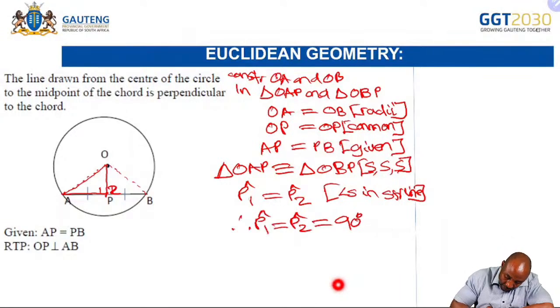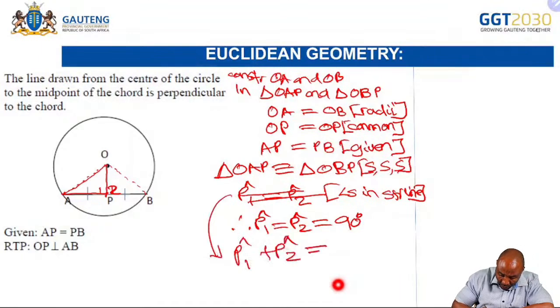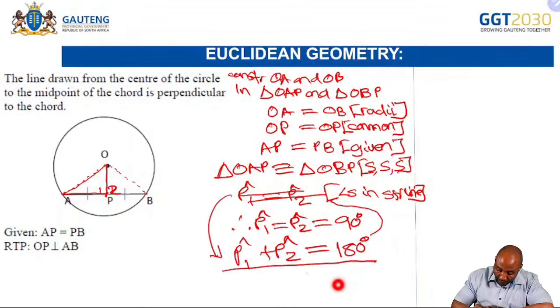So rather, let me remove this one. First, I will have the statement here, P1 plus P2 should give me 180 degrees, because these are my angles in a straight line, and therefore, if they add up to 180, it will follow that this should be equal to that, because these two angles must be equal. I'm dealing with congruent triangles, and if they're equal, they are going to give me 90 degrees.